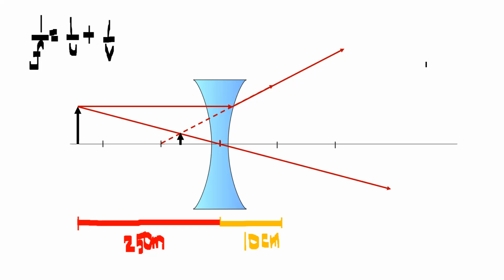The answer must be smaller than this because this is 25. From here to here is 10 already, so your answer must be below 10, correct? Please find out for me whether the answer is correct or wrong. Let's check. Are you getting it? You put it in the chat first. Let's see what happens.